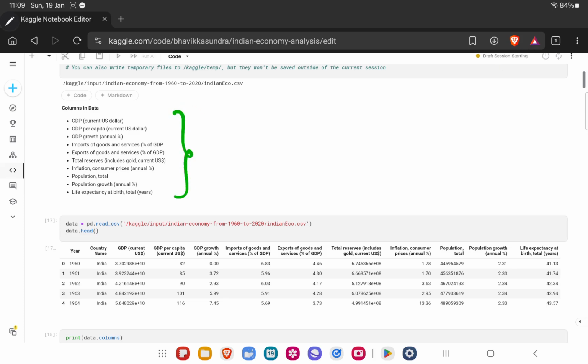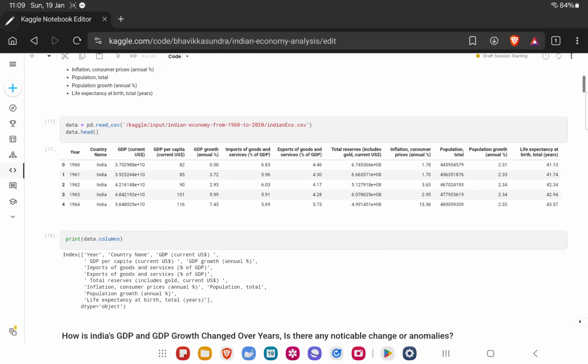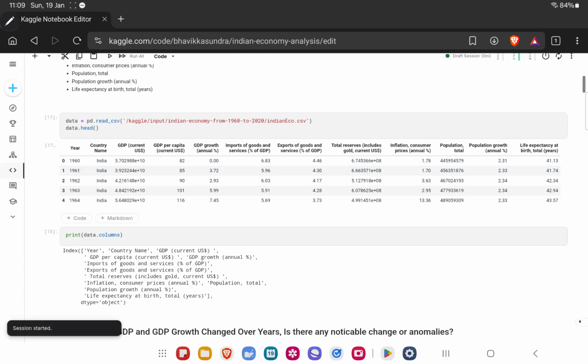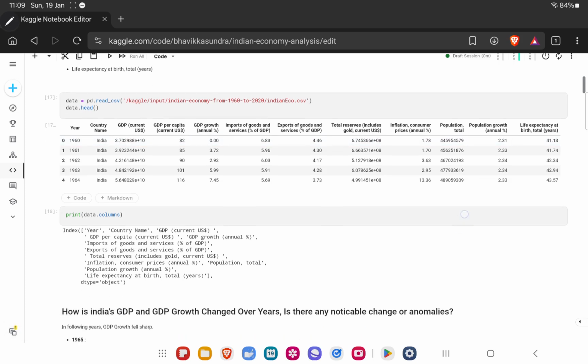This is the dataset we are using, the table in which the data is. There is country, GDP per capita, GDP growth, import, export, total reserves, inflation, prices, population growth, life expectancy, etc.